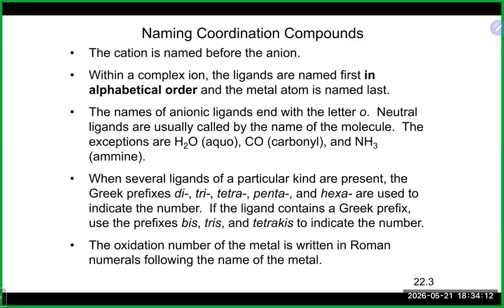Just like we saw on the previous slide where our complex ion is in the brackets, when you're naming the thing in the brackets, which is the complex ion part, it is all the ligands coming first alphabetically, and the metal name comes at the end of that part of the name. Now, what I'm saying is the metal name may not be at the end of your actual name of the coordination compound, and it just needs to be the end of the complex ion part.